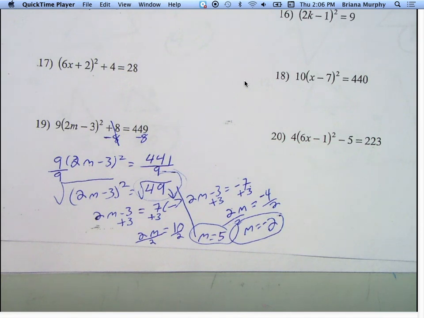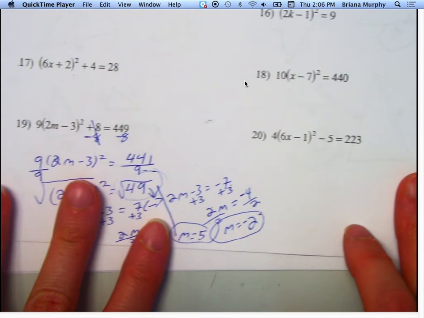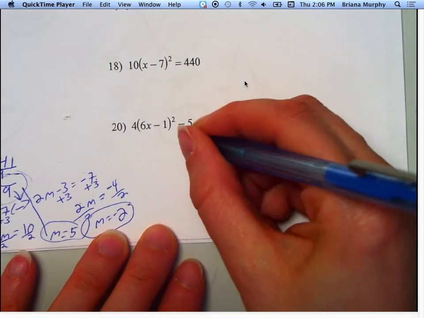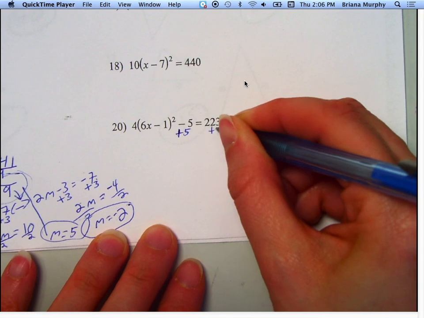Okay, you want me to do number 20 as well? Okay. All right. My first step is plus 5. Add 5 to both sides.